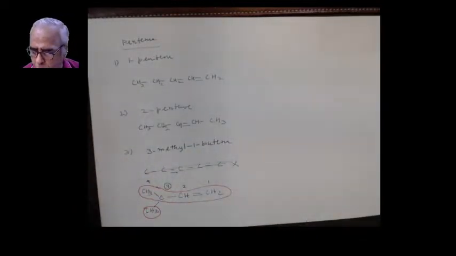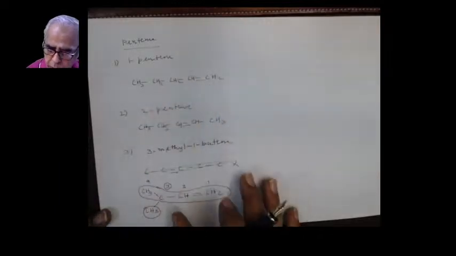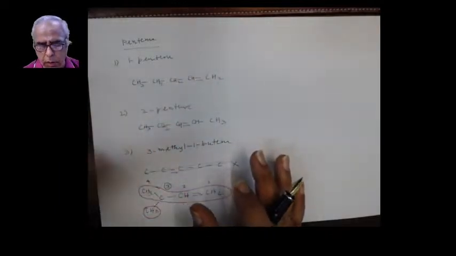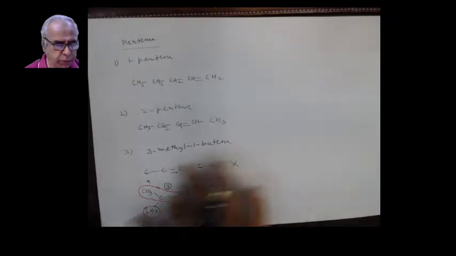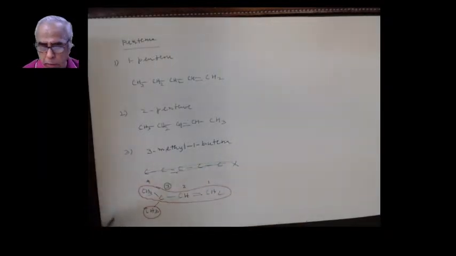Got it? So you should be able to derive the possible isomers from the given nomenclature or compound also.